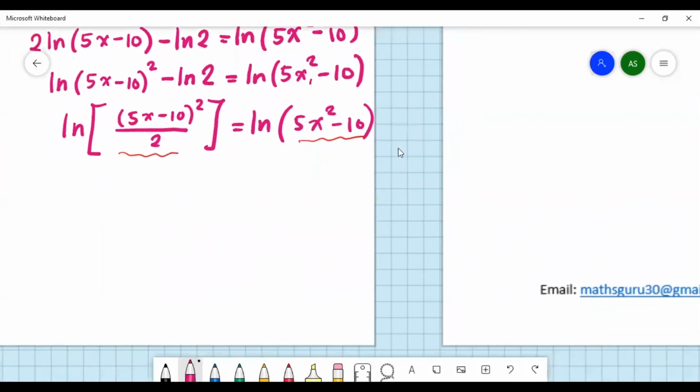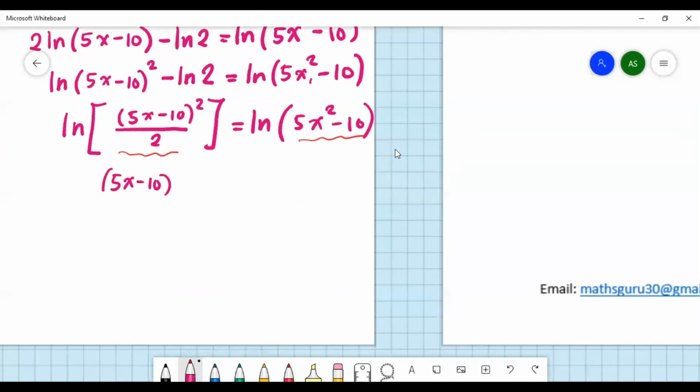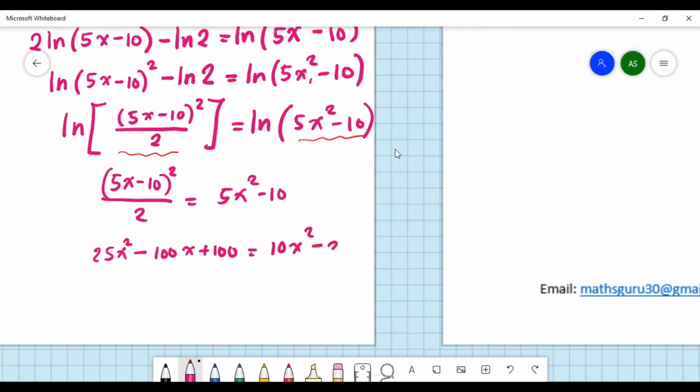So we can simplify it further as 5x minus 10 squared all over 2 is equal to 5x squared minus 10. So in the end, this will give us 25x squared minus 100x plus 100. I'm going to transfer 2 to the right side, so that will give us 10x squared minus 20.